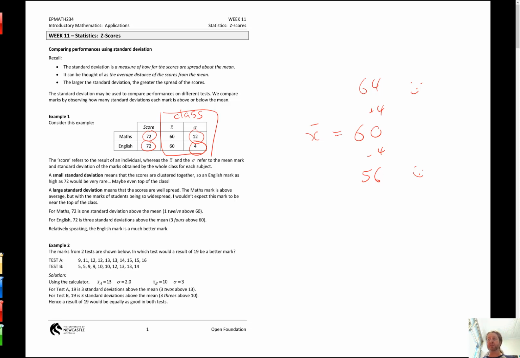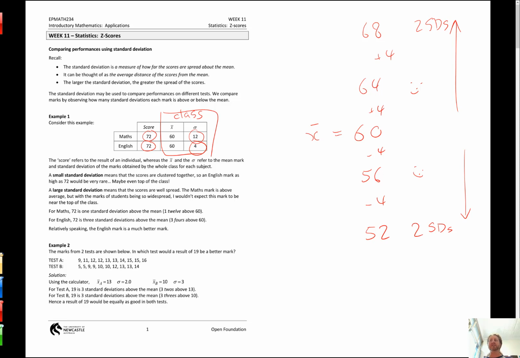Now, when we get further away from that, it gets less and less likely. If I go down another standard deviation to 52, that's 2 standard deviations under the mean. That's getting pretty unlikely, okay? That's getting really far away from the mean. In the same way, if I went up another standard deviation to 68, 2 standard deviations above the mean, that's getting pretty rare.